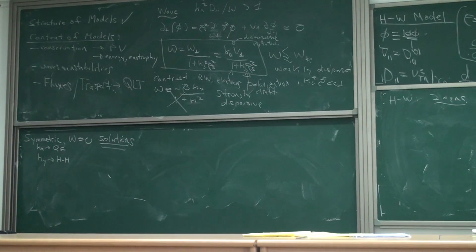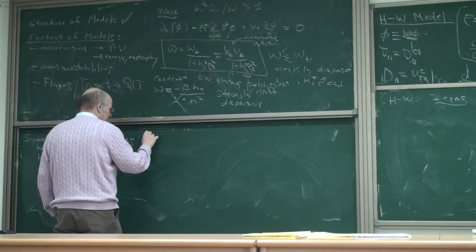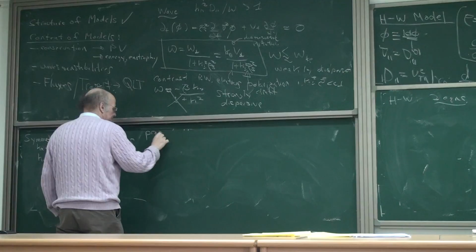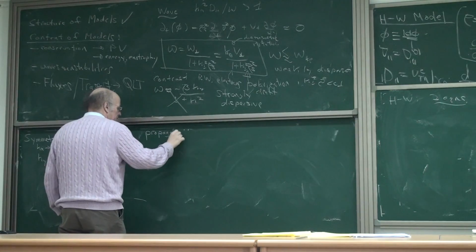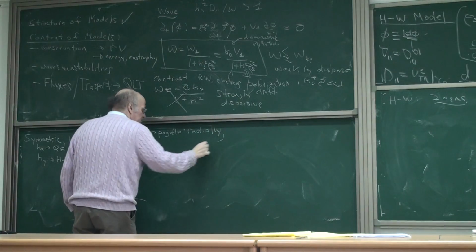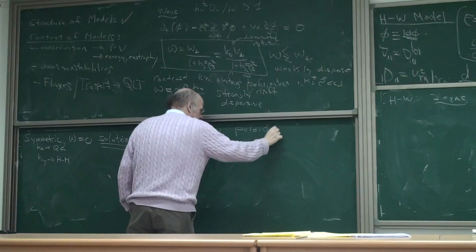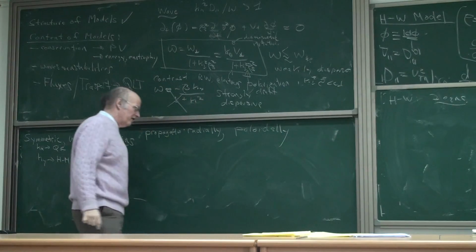One important thing about drift waves is they propagate radially and toroidally. Toroidal means in theta.